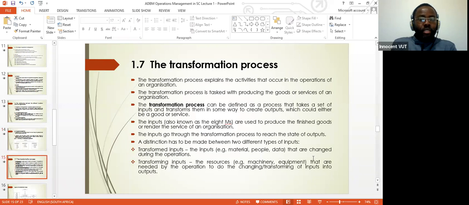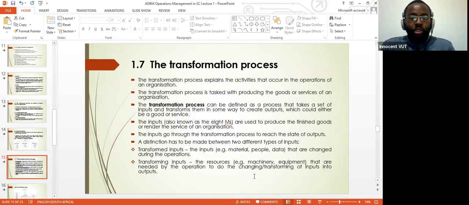Okay. Right, the transformation process. Let's look at the transformation process in an organization. The transformation process explains the activities that occur in the operations of an organization. The transformation process is tasked with producing the goods or services of an organization.